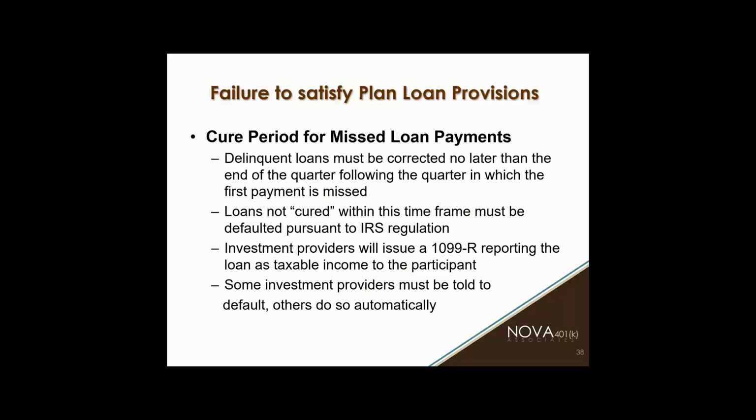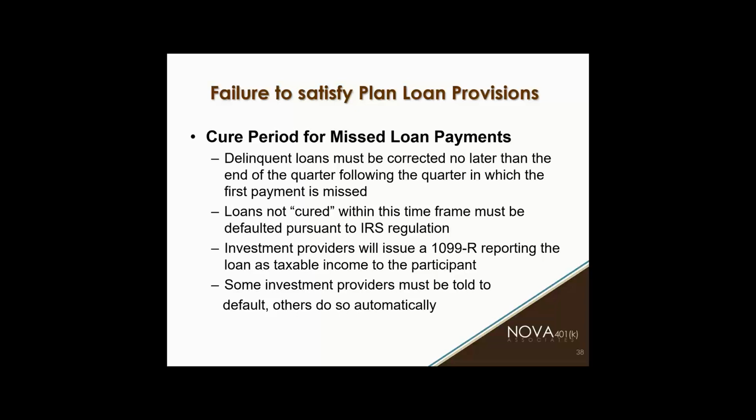Okay? So if a loan becomes delinquent, meaning there are missed payments, then there's a certain amount of time you have to fix that problem. So a delinquent loan has to be corrected by the end of the quarter following the quarter in which the first payment is missed. So if my loan goes delinquent in the first quarter of this year, I have until the end of the second quarter to bring the loan up to speed, to cure it.